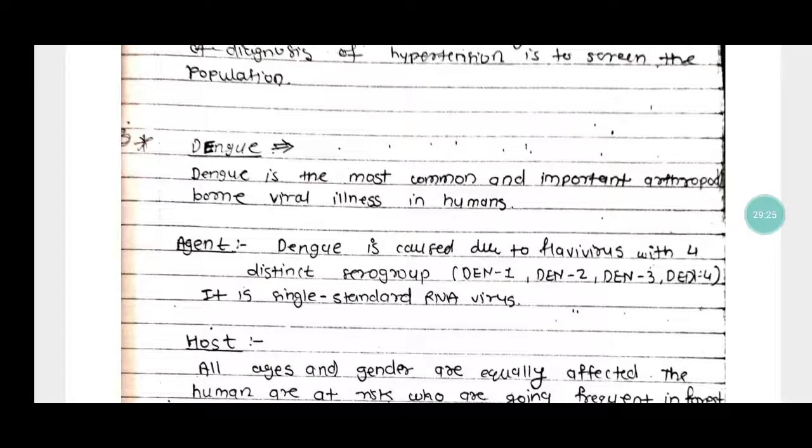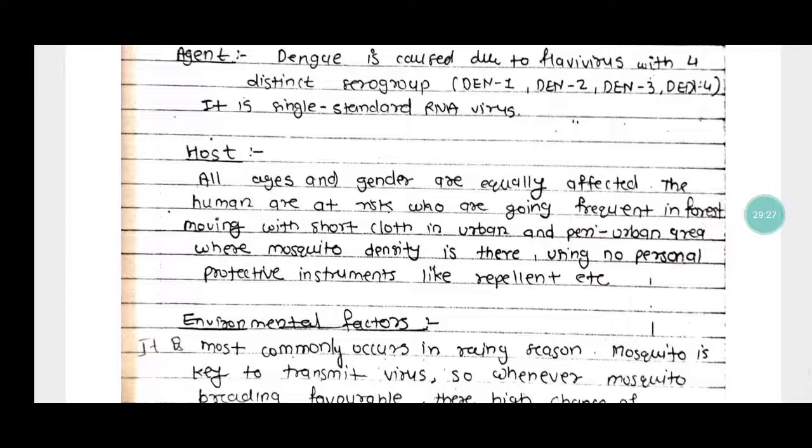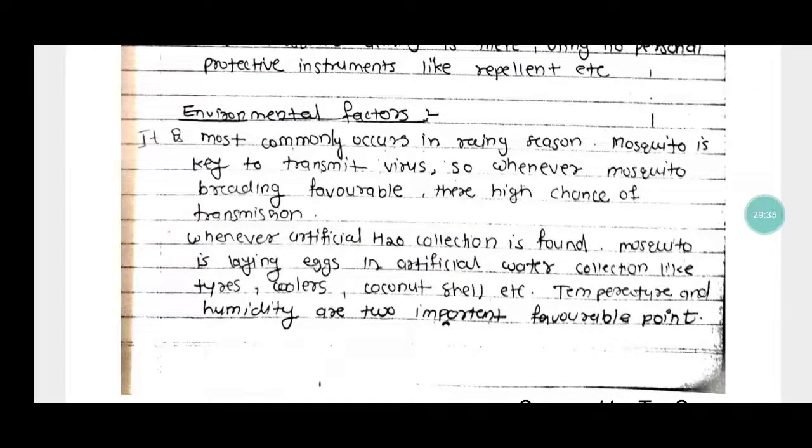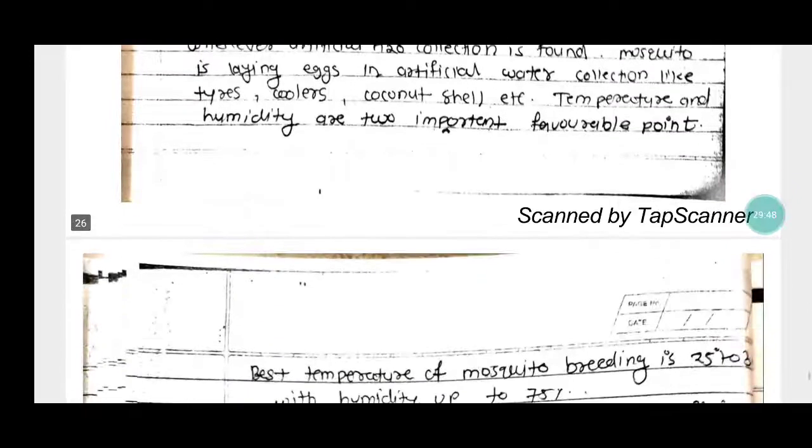It is a single-stranded RNA virus, and as for host factors, all ages and genders are equally affected. As an environmental factor, it most commonly occurs in the rainy season. The mosquito is the key to transmitting the virus, so whenever mosquito breeding is favorable, there is a high chance of transmission.